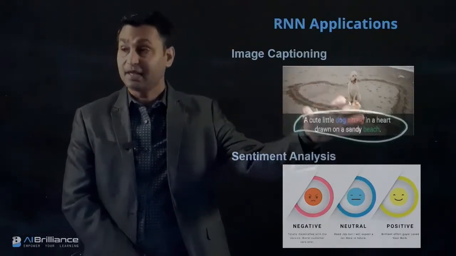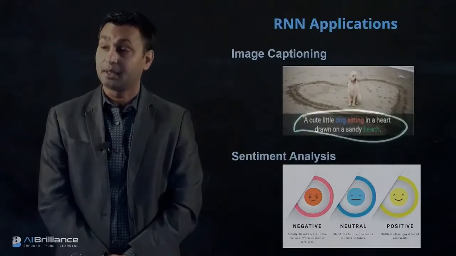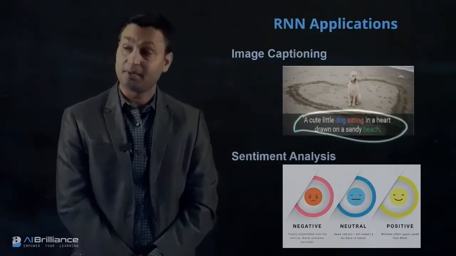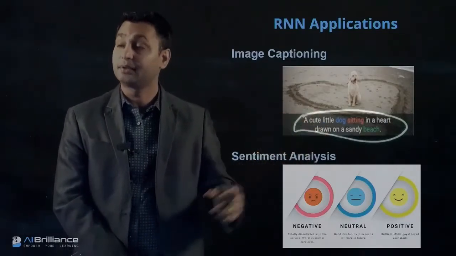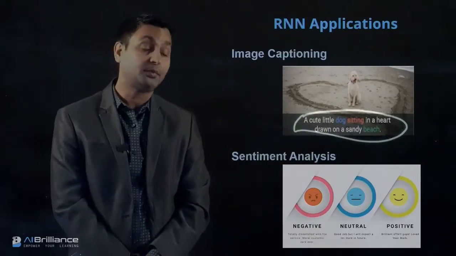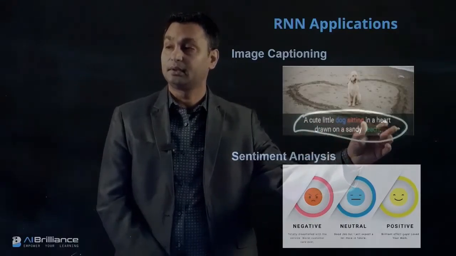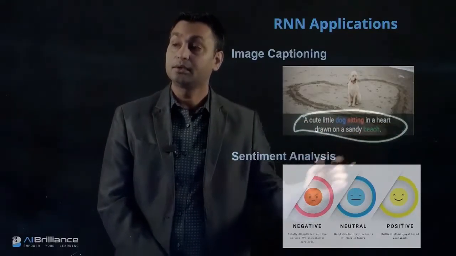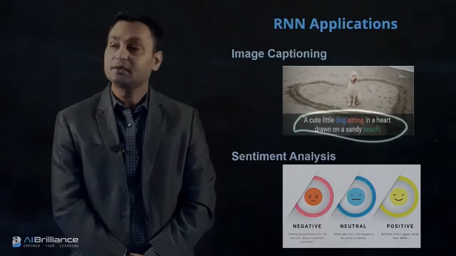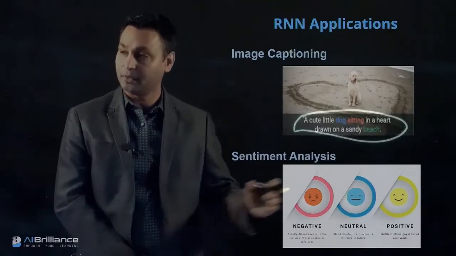This caption has been automatically generated by a recurrent neural network, learning from the data. It reads: a cute little dog sitting in a heart drawn on a sandy beach. I think that is a fairly accurate description of what the image is.